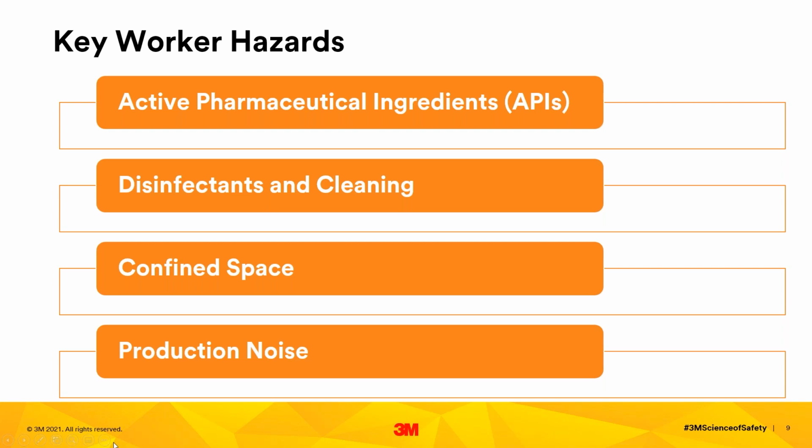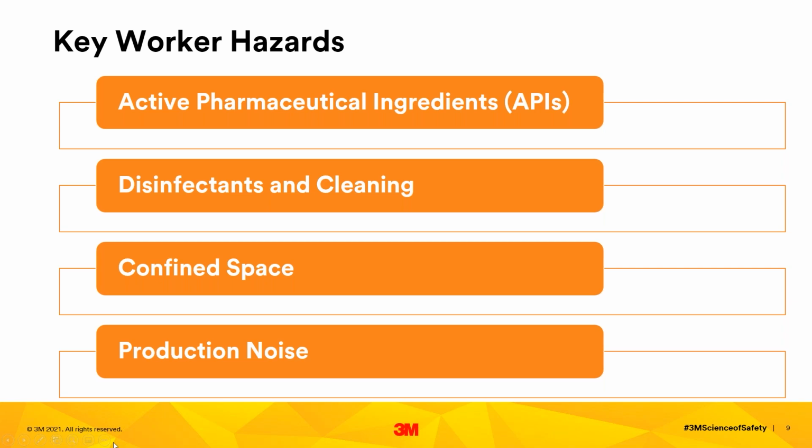Another big focus on hazards is with regard to disinfectants and cleaning. So in the pharma industry, because as I mentioned, they want to protect the product and the process as well as the worker, they often have to use some pretty intense disinfectants and high-level cleaning products to be able to keep the process and product areas clean and microbial free.